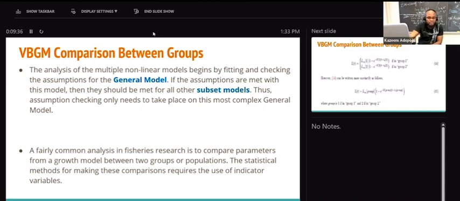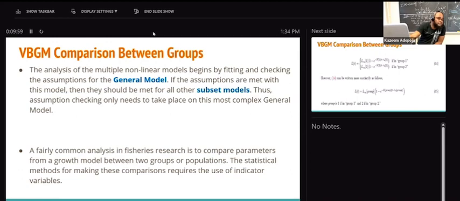Now, since I have a lot of models here, if I want to compare 2 groups of fish, I can start with the general model. When I test the assumption in the general model, what do I mean by general model? The general model is when I assume separate parameters for the 2 groups.